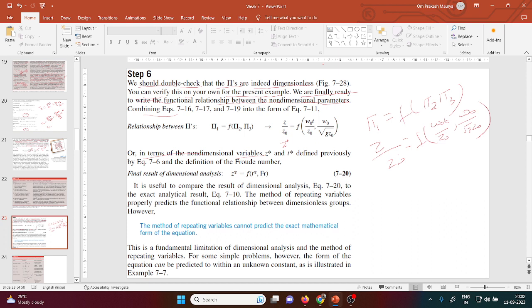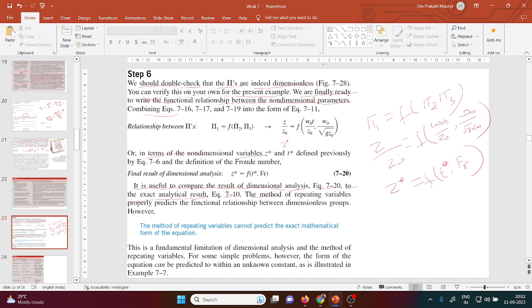Okay, no problem. Because of the Z star, you can also write Z star only, and here the time thing is there, so that's why we write the time. And here Fr is already, you know, the Froude number. It is usual to compare the result of the dimensional analysis, equation 20, to the exact analytical result, equation 7.